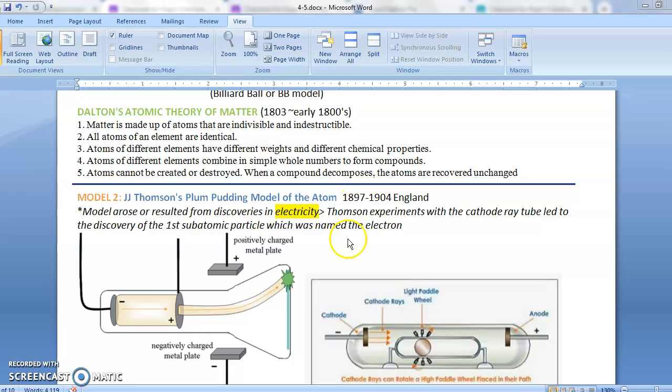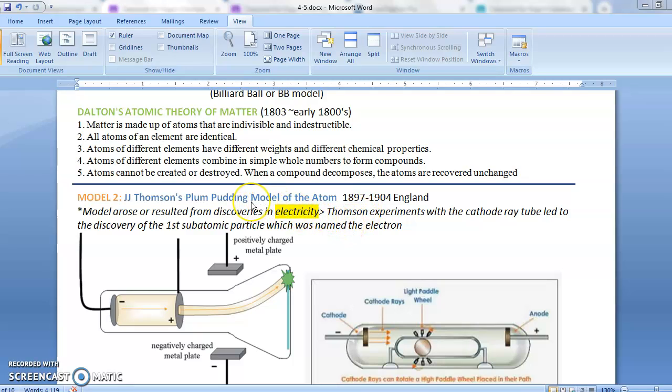Around 1897, J.J. Thomson, also an Englishman, made an important discovery. He discovered the first subatomic particle, which led to a new model of an atom coming out.